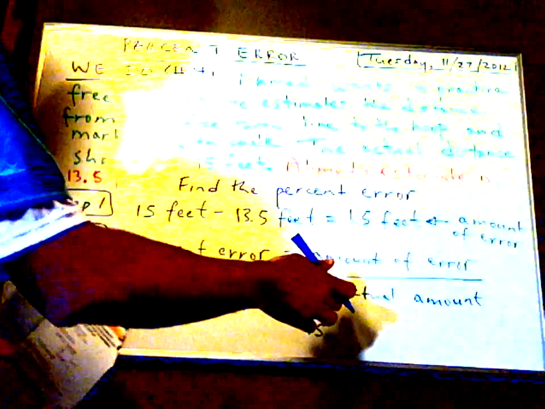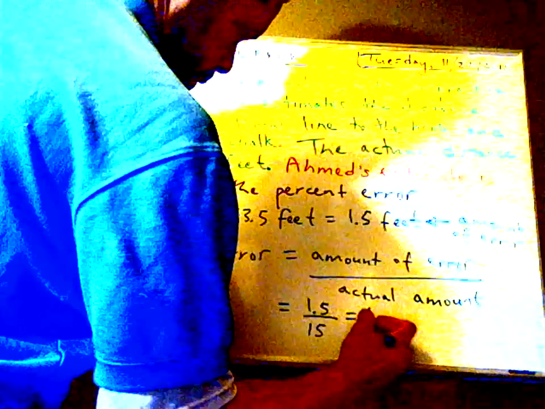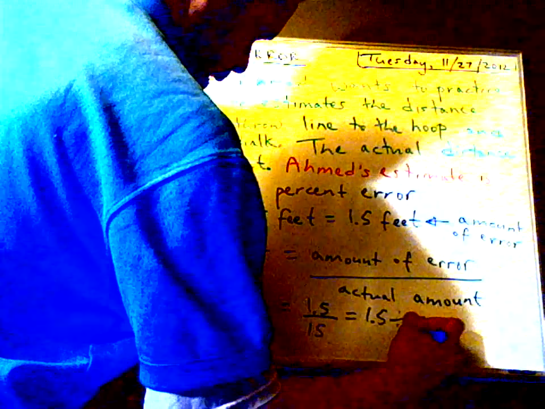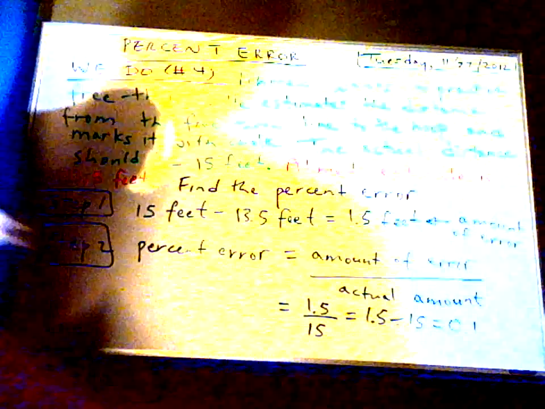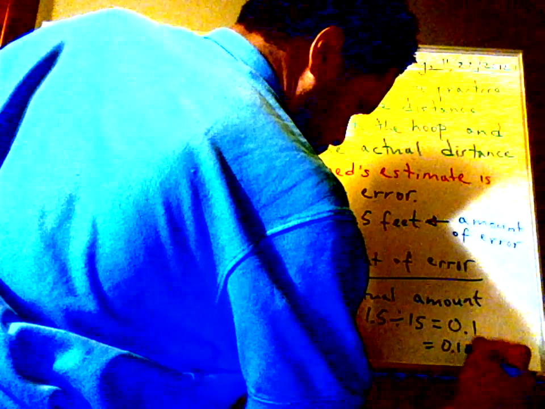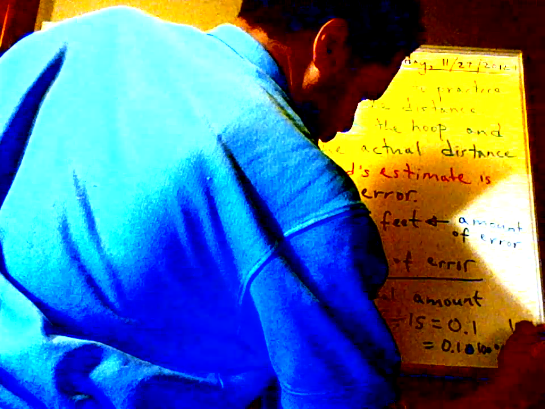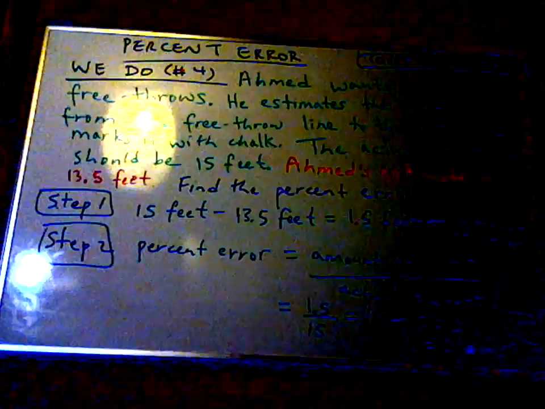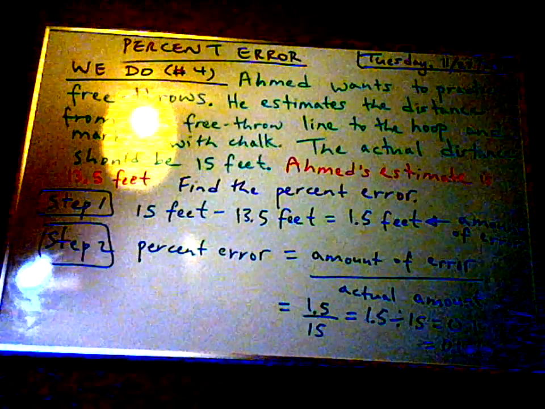I drop off the feet because the feet here would cancel the feet there. And as we know, this is the same as 1.5 divided by 15, which we found to be 0.1. Which, if I want to change that to a percent, I can multiply by 100. So that's going to be 0.1 times 100%, which is just going to give me 10%. So the error is 10%. 10% error.